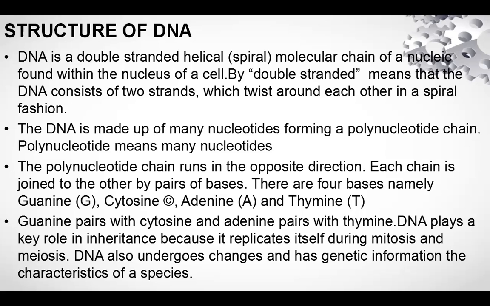DNA plays a key role in inheritance because it replicates itself during the mitosis and the meiosis processes, as we already talked about mitosis in the other videos. The DNA also undergoes changes, and it has the genetic information of the characteristics of species.